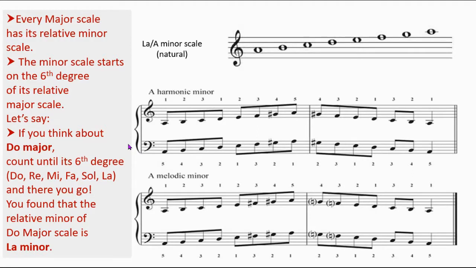So if I say do major, we count until its 6th degree: 1, 2, 3, 4, 5, 6. I reached la. And then we are in la minor. So the do major's relative minor is la minor. If you see the notation, it's that. Start from la.